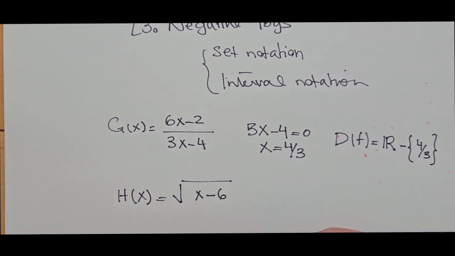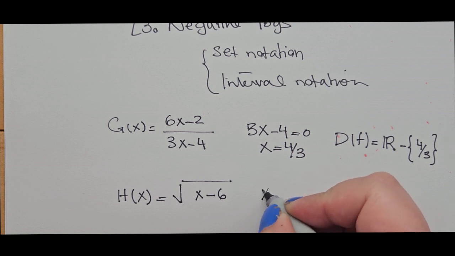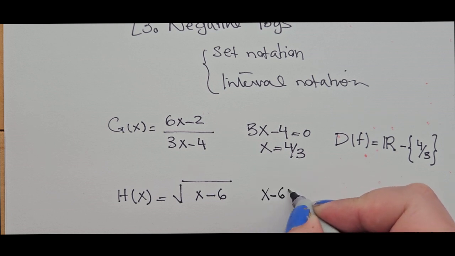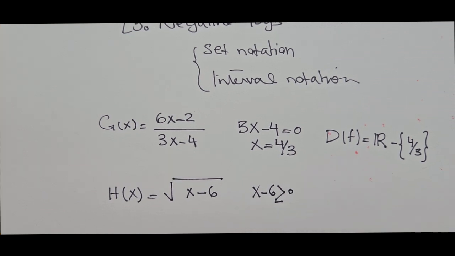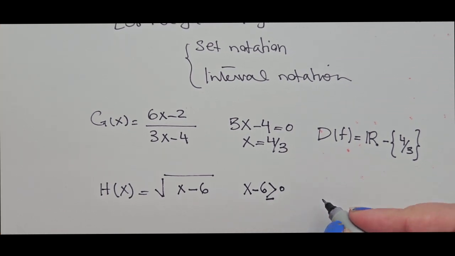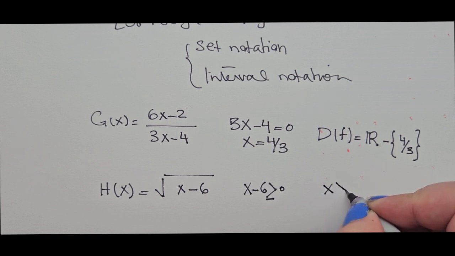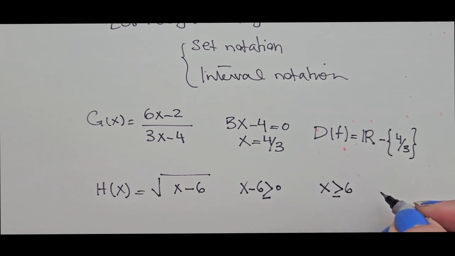Here, if you want to find the domain, you have to make sure that under the square root, it's always greater than or equal to 0, because it can never be negative. So from here, the value of x would be greater than or equal to 6.